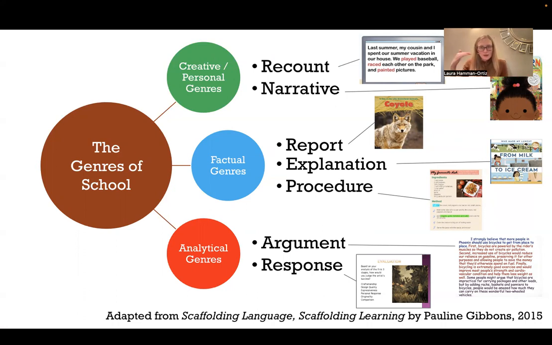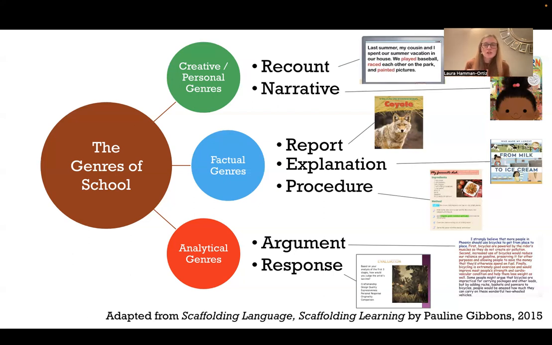Recounting, telling the experience of something that happened to you. Narratives, which are stories, right? And they often have a narrative arc with a climax and a resolution, and they tell a story to entertain the reader, or sometimes to teach the reader a lesson.